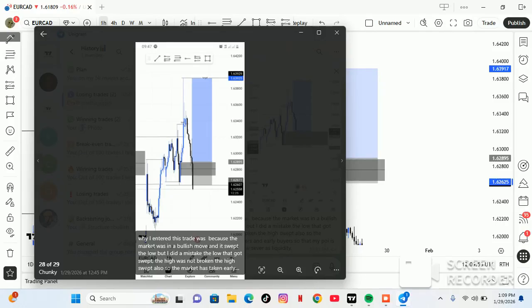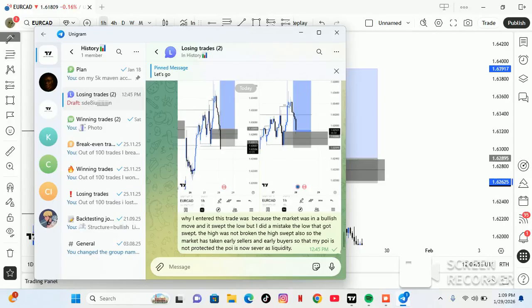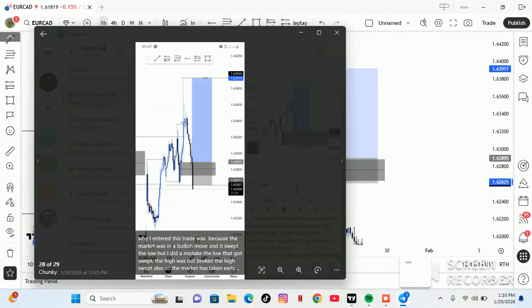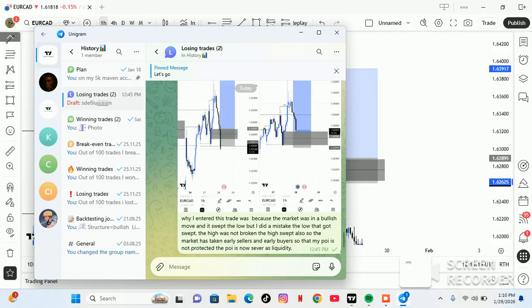The high did not get broken. Had the high got broken and this market came to take out this low, then break this structure properly, then this point would be valid. But instead, this high got swept first, this low got swept, then this high got broken. So liquidity has been taken from the high and the low. So there's no liquidity here again. There's nothing up here again. Are you with me? So that was why this market took me out.